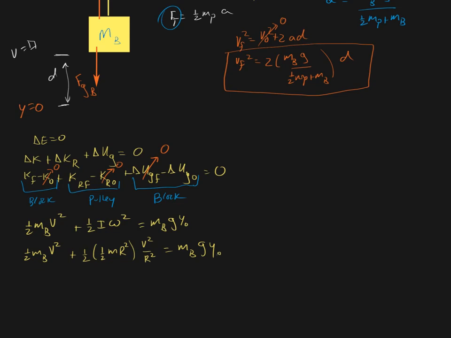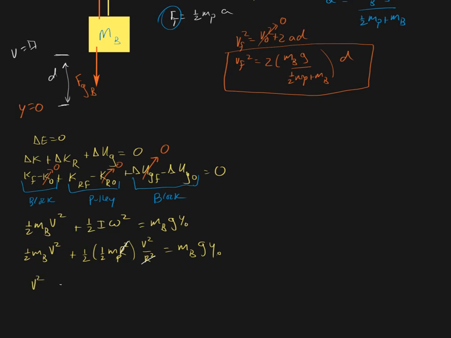So we can cancel some stuff. This r squared cancels with that r squared. None of the masses cancel, and so we just have some factoring and algebra to do in order to be done. And remember, this is the pulley. Forgot to label that. So we now factor out v squared and multiply everything through by 2.